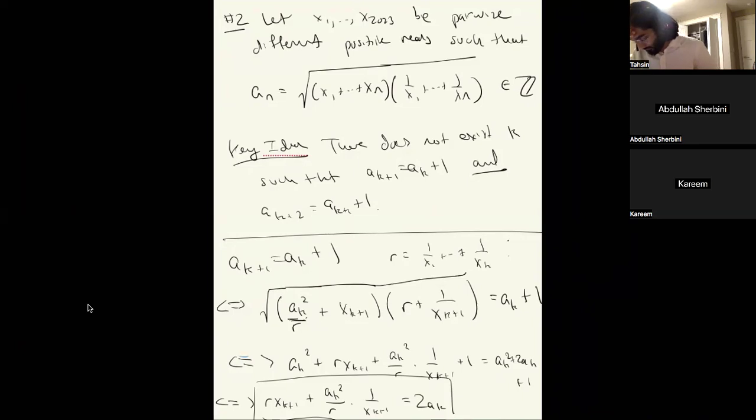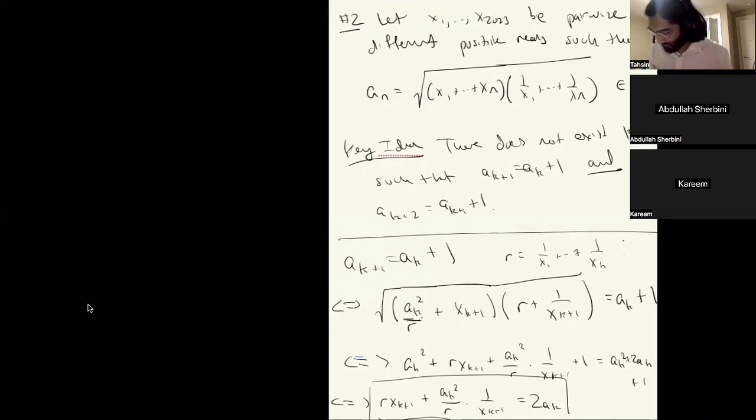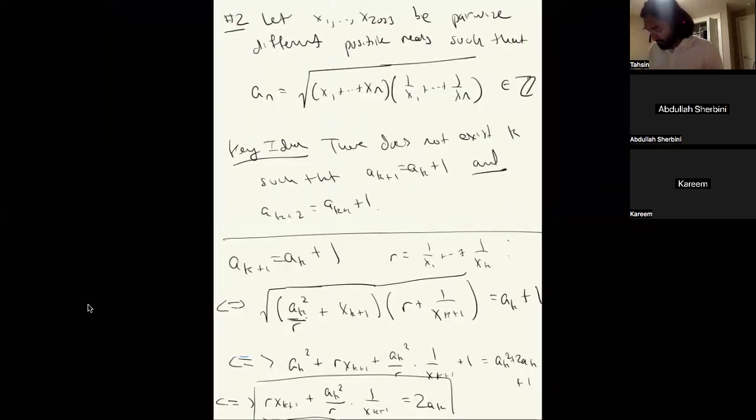Something like this? Yeah, and then you calculate x k plus 1 in terms of ak and r, and then you try to do the same for ak plus 2 and find that xk plus 1 equals xk plus 2.